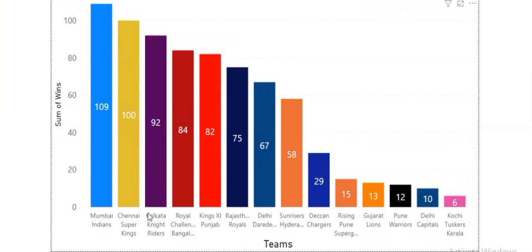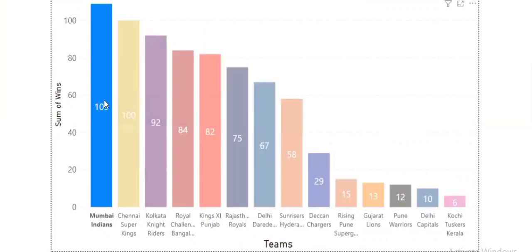There are Mumbai Indians, CSK, KKR, RCB, Kings XI Punjab, Rajasthan Royals, and so on up to Kochi Tuskers. We can see that the most successful team is Mumbai Indians with 109 wins, because it has the highest number of wins.